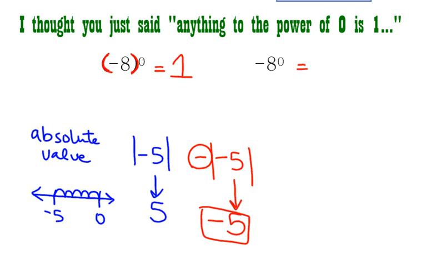So what this is actually saying is 8 to the 0 power, which is 1. But then there's that negative in front of it, which turns my answer into a -1. So the way that this is written, -8 to the 0 power, that answer is -1.